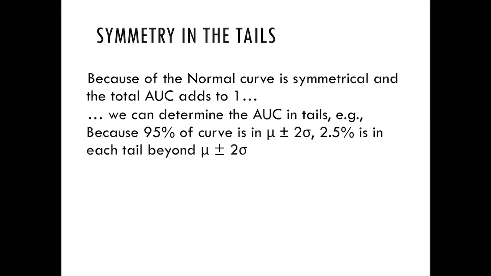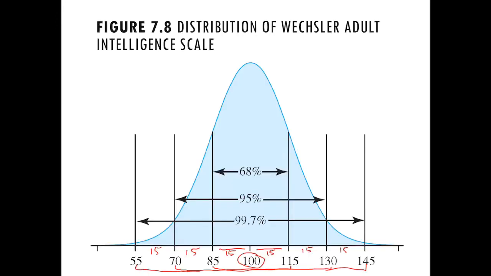So if you can determine that the area in the tails is symmetrical, if you had a bell-shaped curve and you went 2 standard deviation units out, right, so let's go back to this example. If we went out 95%, 2 standard deviations out, then we have this part in the tails left over, right? But if we know 2 standard deviation units out will encompass 95%, then we know the total area under there is going to be 100%, right?